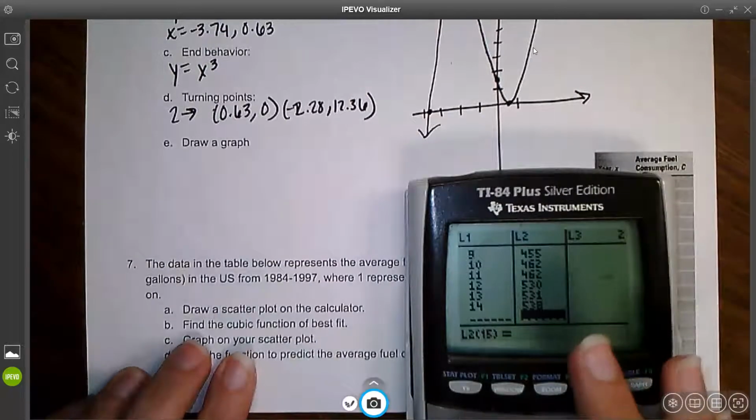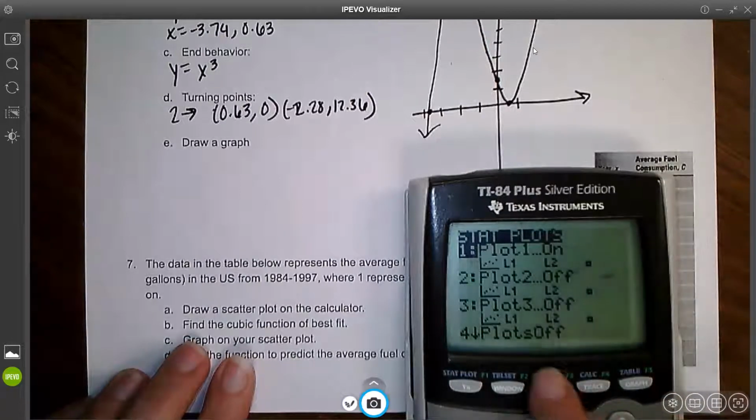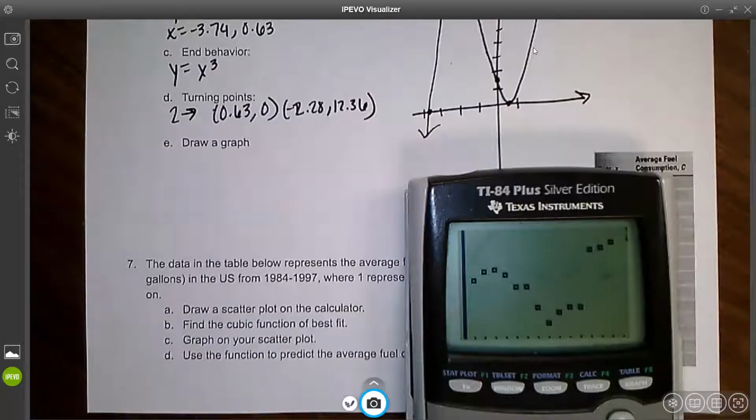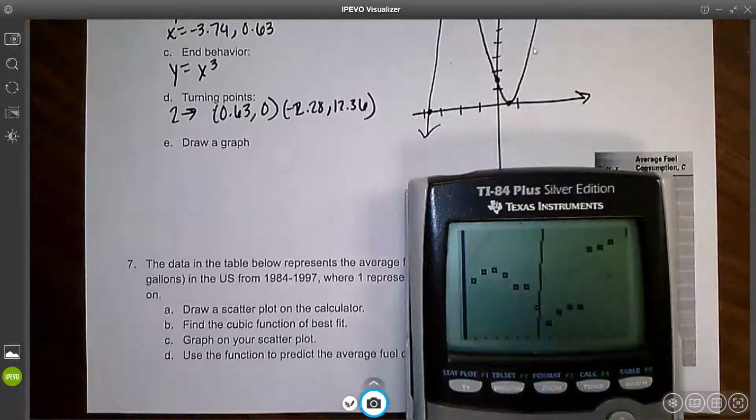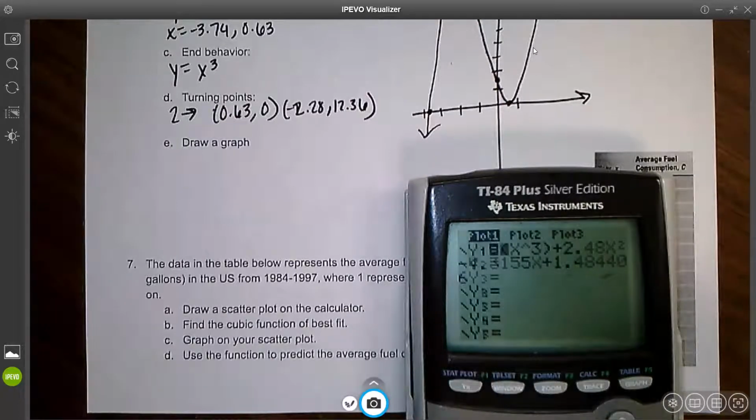So to draw my scatter plot, again, your stat plot needs to be on, and then I'm going to hit zoom option 9 so I can see it. I'm going to go to my y equals and clear that out.